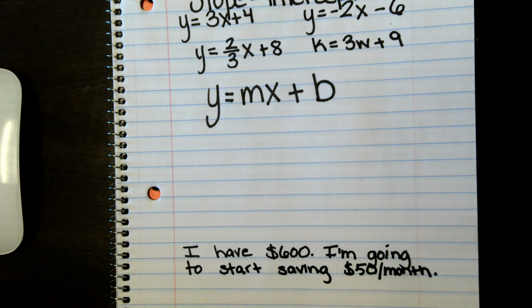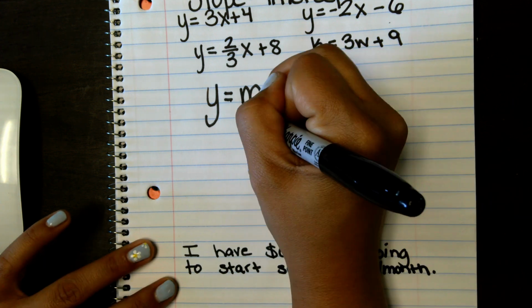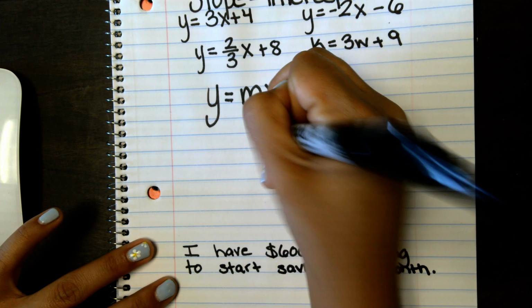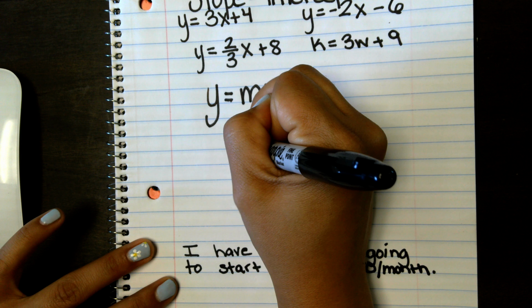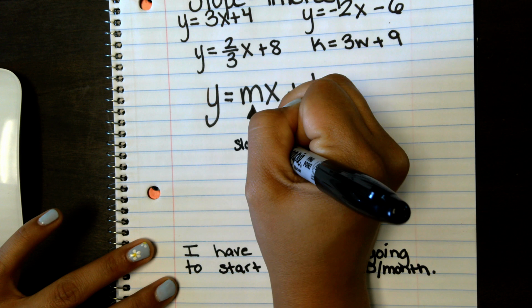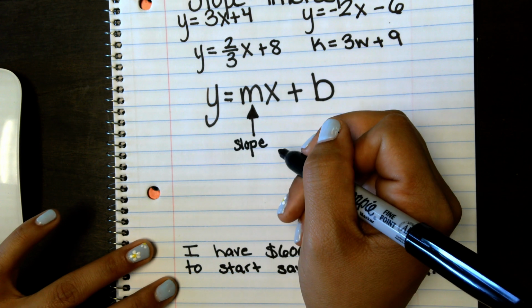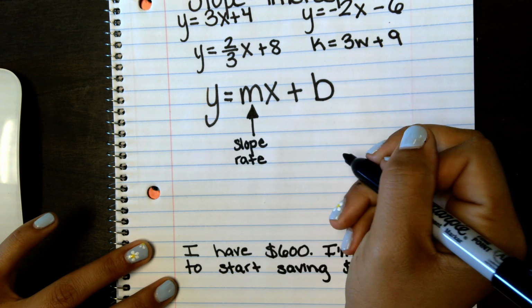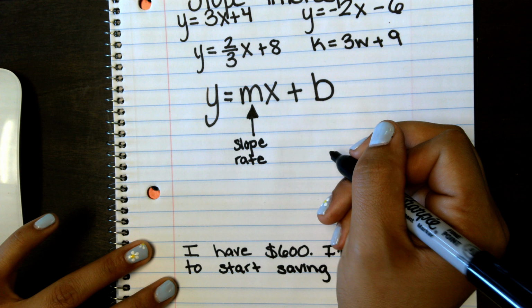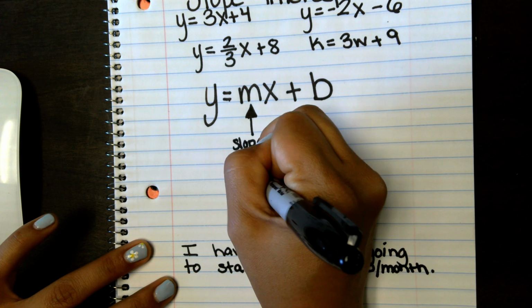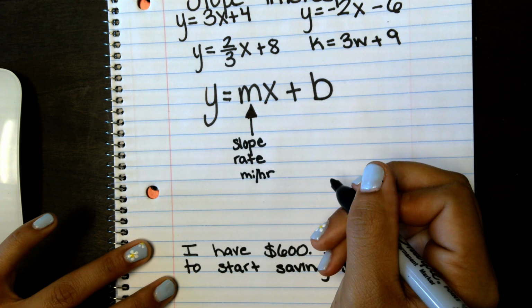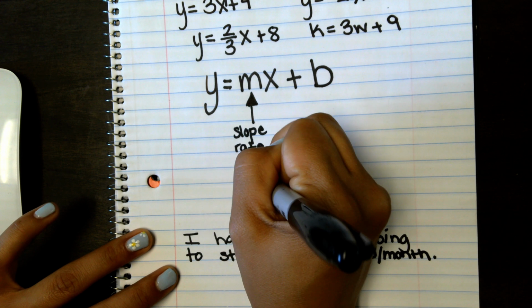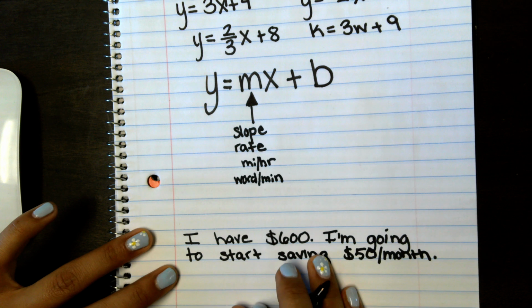So m, we'll start with m, is what we call the slope. Slope is a name for rate. So rate could be something like miles per hour, let's say words per minute, right?